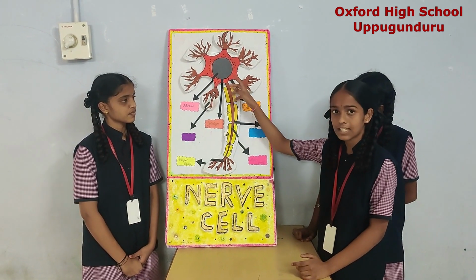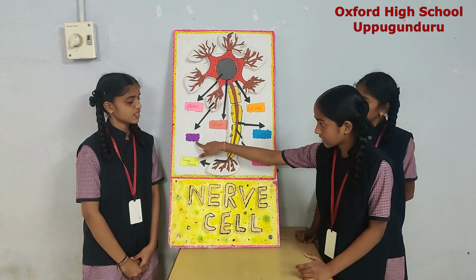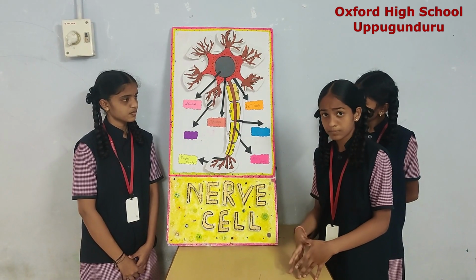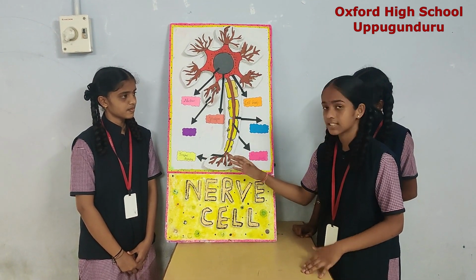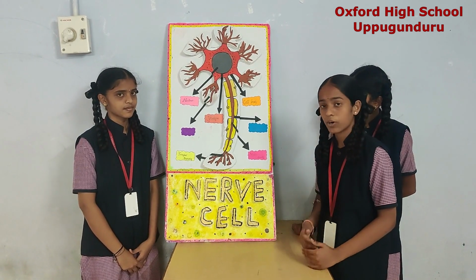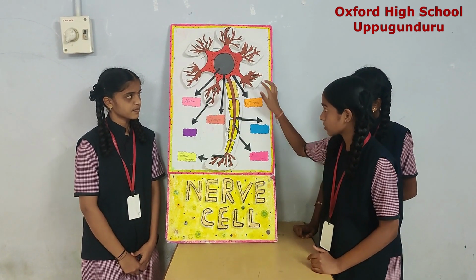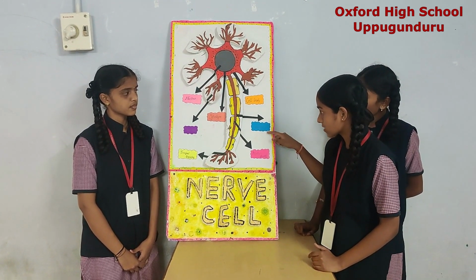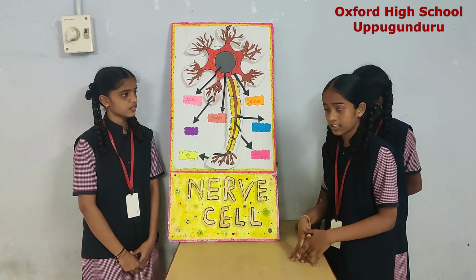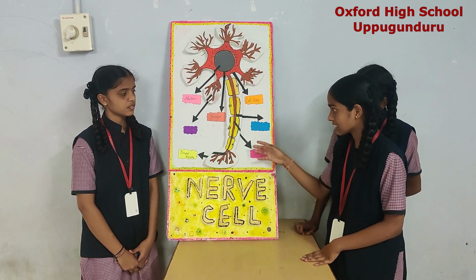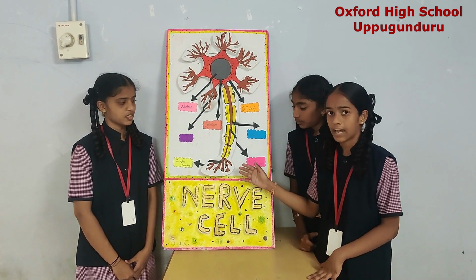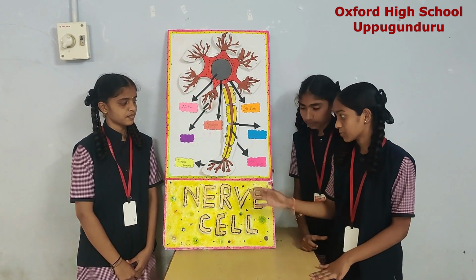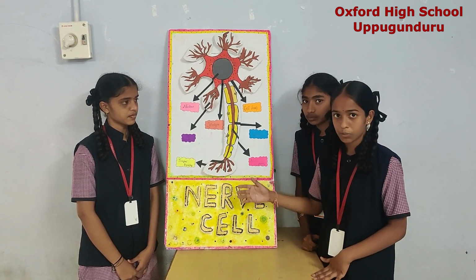Cytoplasm is a jelly-like substance in the nerve cell, and the dendrites are smaller branches of fiber. The terminal branches send messages from the body to the brain, and the cell body protects the nerve cell. The axon is a major branch of fiber, and the myelin sheath allows the electrical impulses to travel faster and send the message from body to brain.